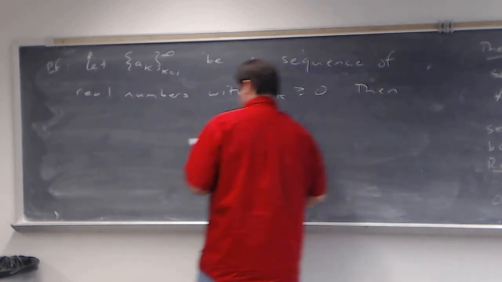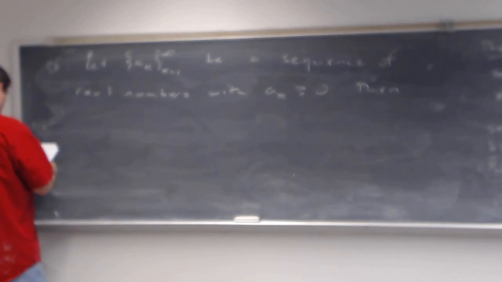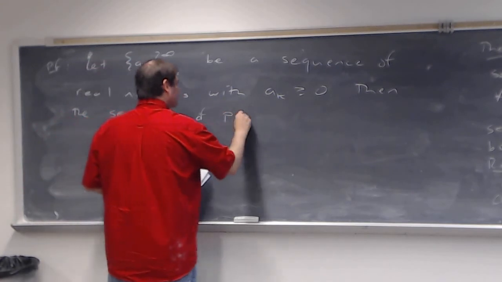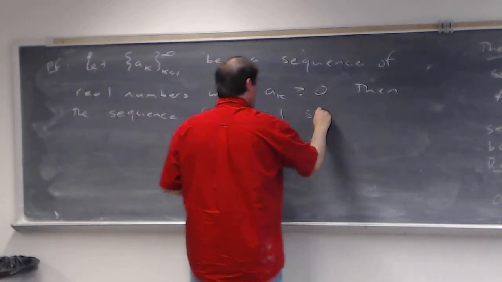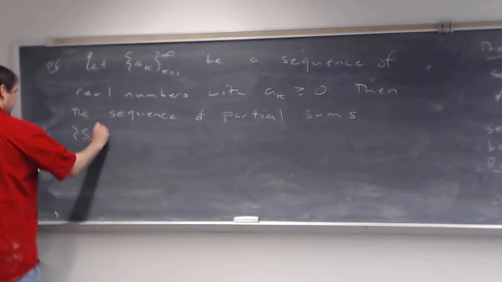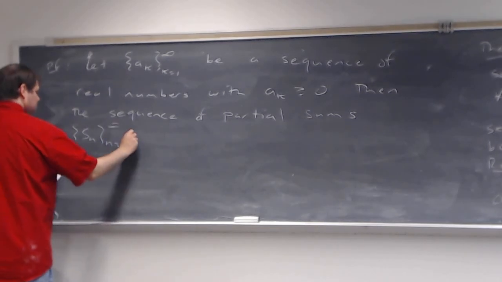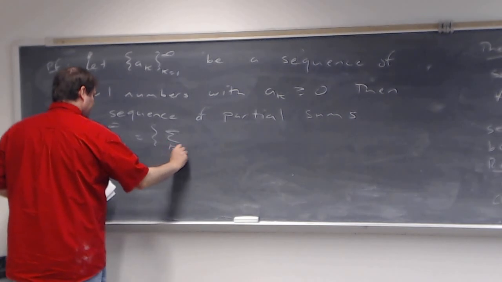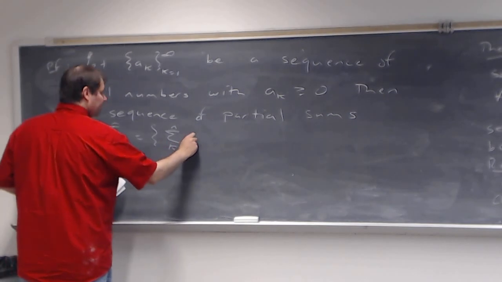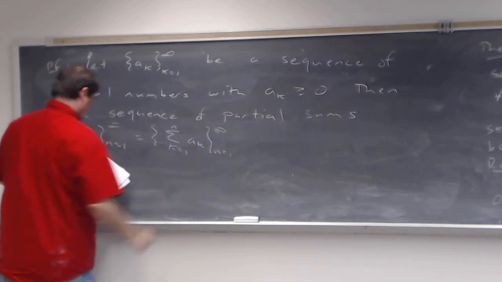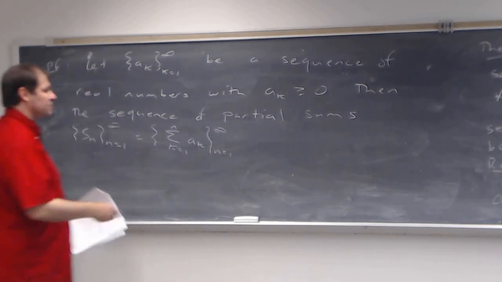Then the sequence of partial sums, which we'll denote by S sub n, and of course that's equal to the summation as k runs from 1 to n of the a sub k's, is an increasing sequence.